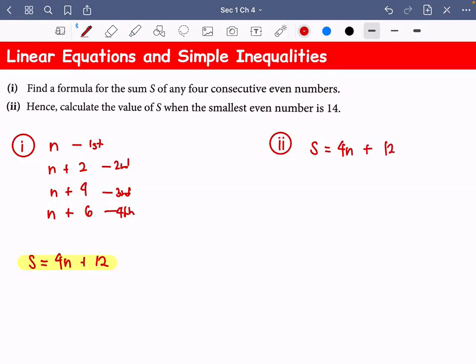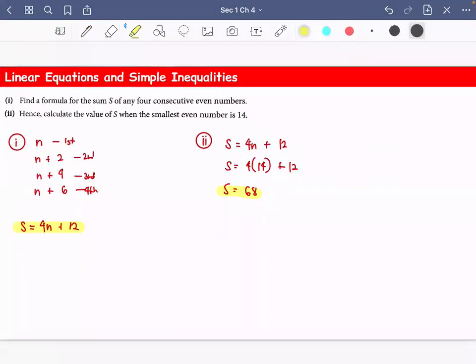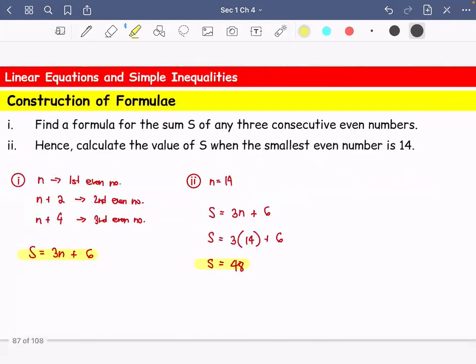So what is s? s is equal to 68. So 4 times 14 plus 12, 68. Okay, so that's it. Do you have any question? None? No question? Okay, this topic is pretty easy.